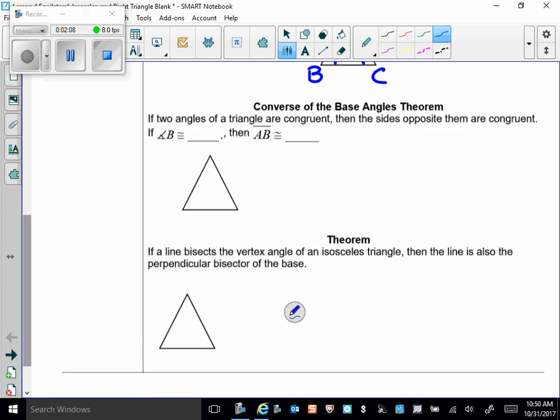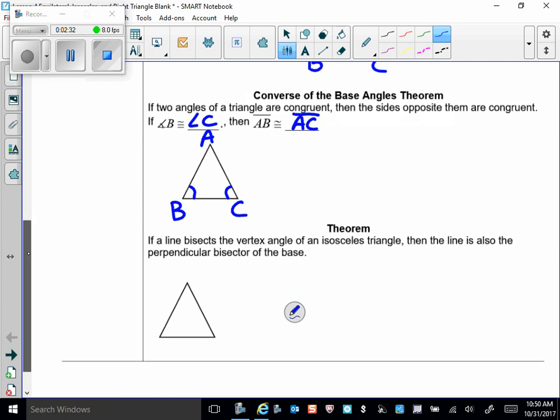And as you might suspect, we have a converse of that that says exactly the converse. If two angles of a triangle are congruent, in other words, if I have ABC, and if I know that angle B is congruent to angle C, then I know that side AB is congruent to side AC. Converse of the base angles theorem, or converse of the isosceles triangle theorem.